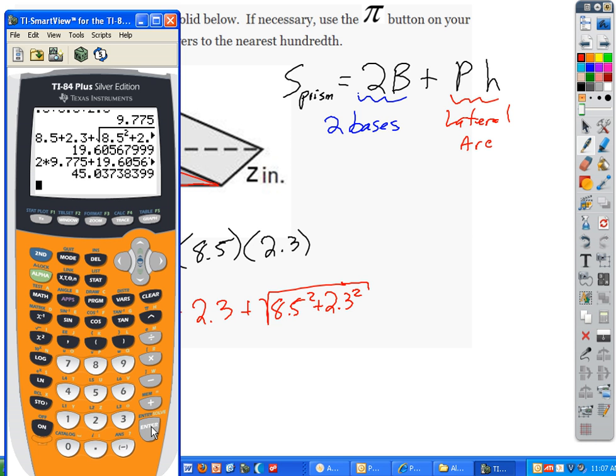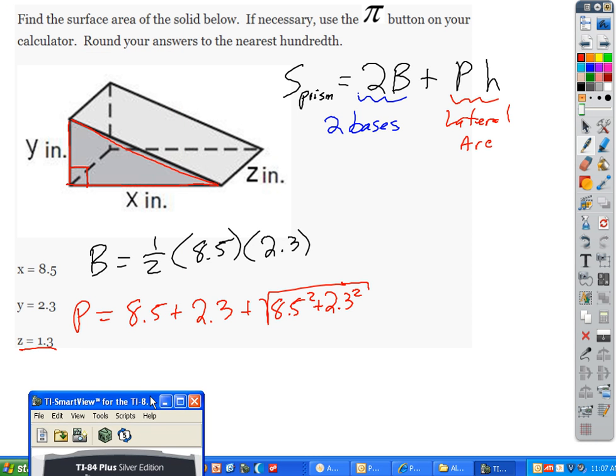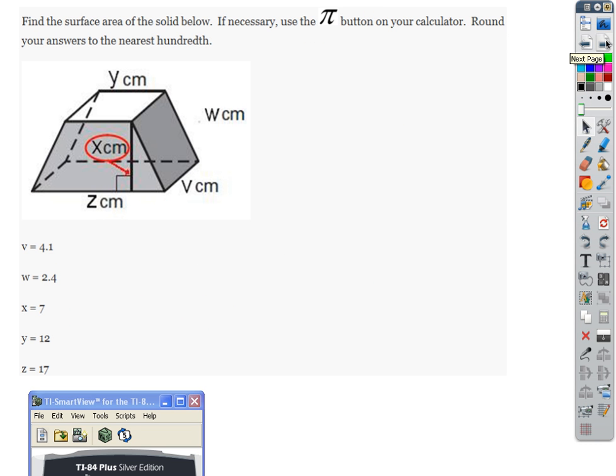Now, we could do other examples of surface areas if we wanted to, but they're all pretty much the same. If we looked at this one, for example, it's the same idea. What's the only difference about this one? It's a prism, but what's different about it? It's a trapezoid, yeah.